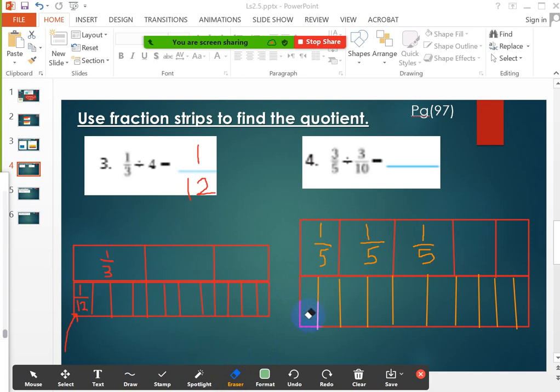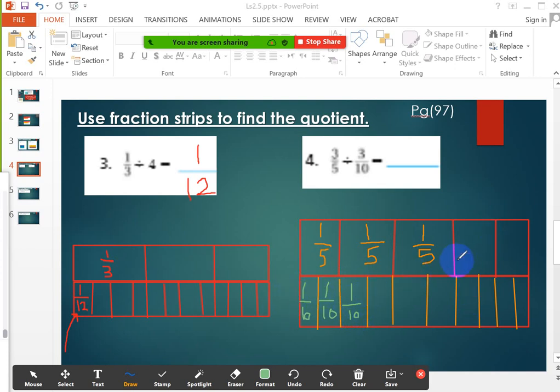I will change the color. So this one will be 1 over 10, and this one is 1 over 10, right, girls? But those are 3 over 10.